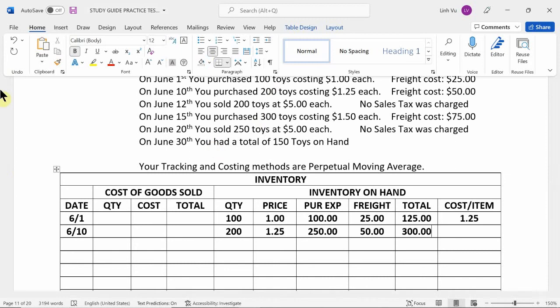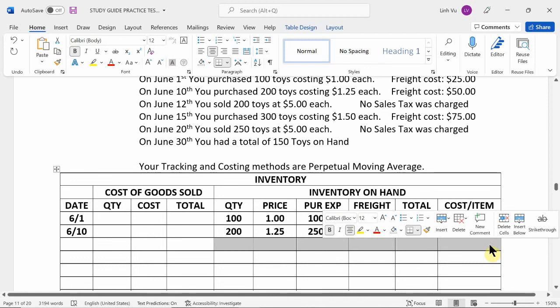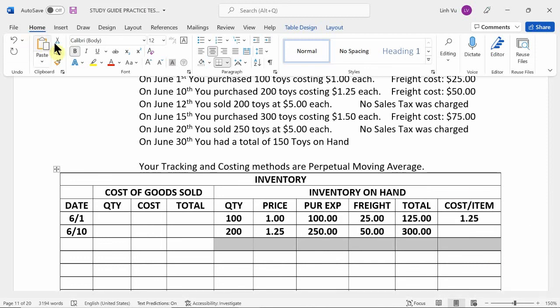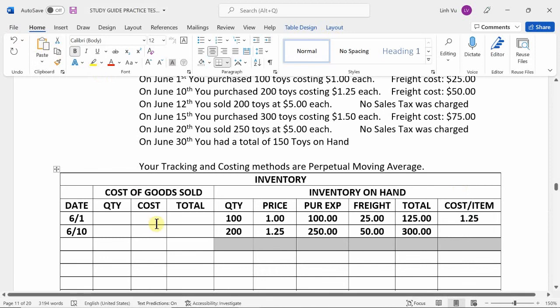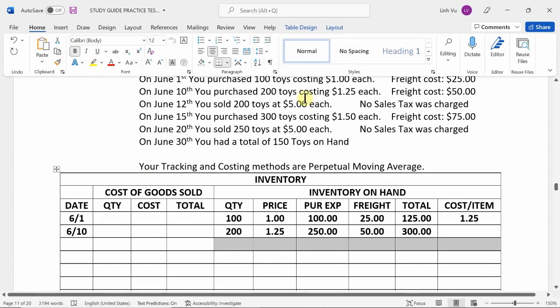Do I need to calculate a new cost per item? You do need to calculate a new cost per item, but in this case, it's with both of the purchases, right? It needs to be a combination. So in this case, what's my total amount of items that I purchased? 300. Right? You need to add these up.